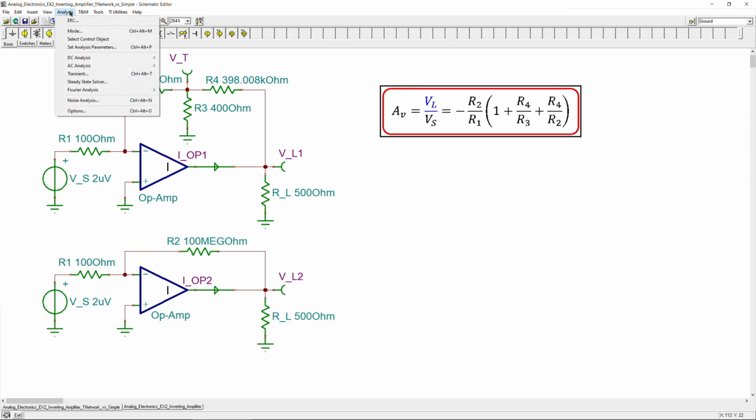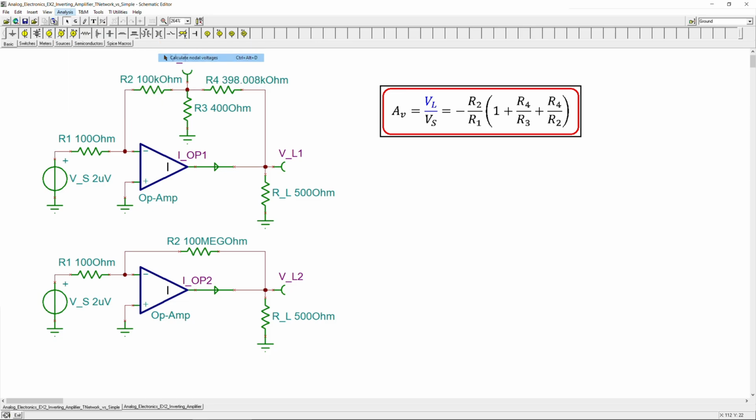If I now do again the analysis, DC analysis, and calculate the node voltages, you can see the following. It is again giving 2 microvolts for each circuit. It will produce minus 2 volts for each circuit. So what we get is exactly the same.